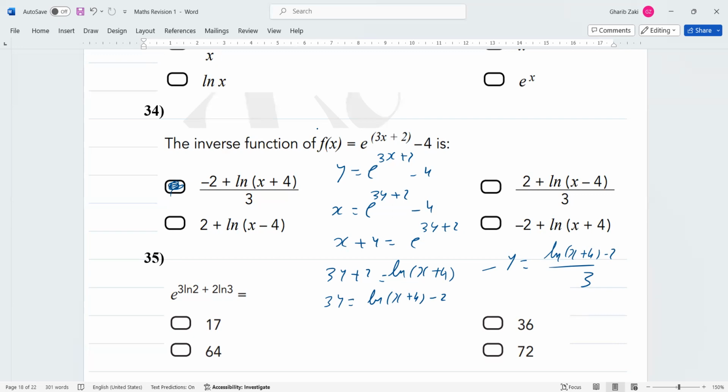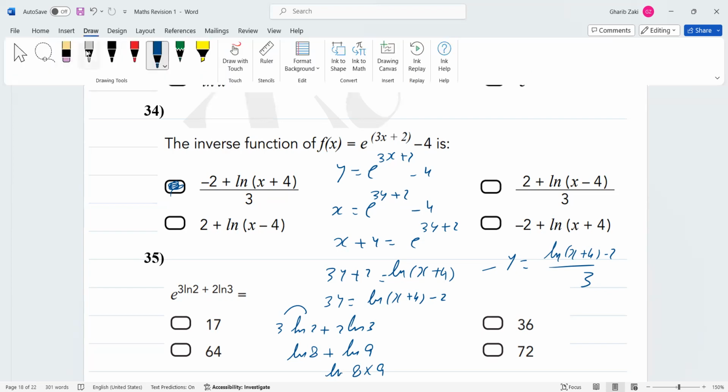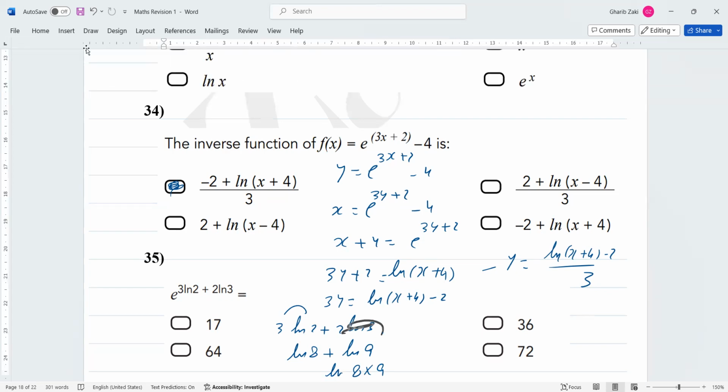Now, e to the power, all of this. e power ln, so e to the power ln, it becomes this. So the answer is 3 ln 2 plus 2 ln 3. So it's ln 2 power 3 is 8 plus ln 3 power 2 is 9. It's ln 8 times 9. Sorry, this is without ln.